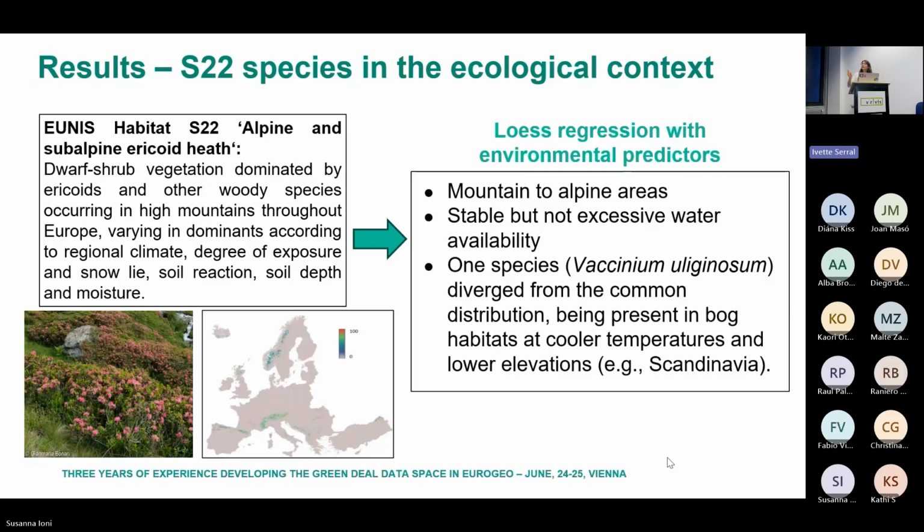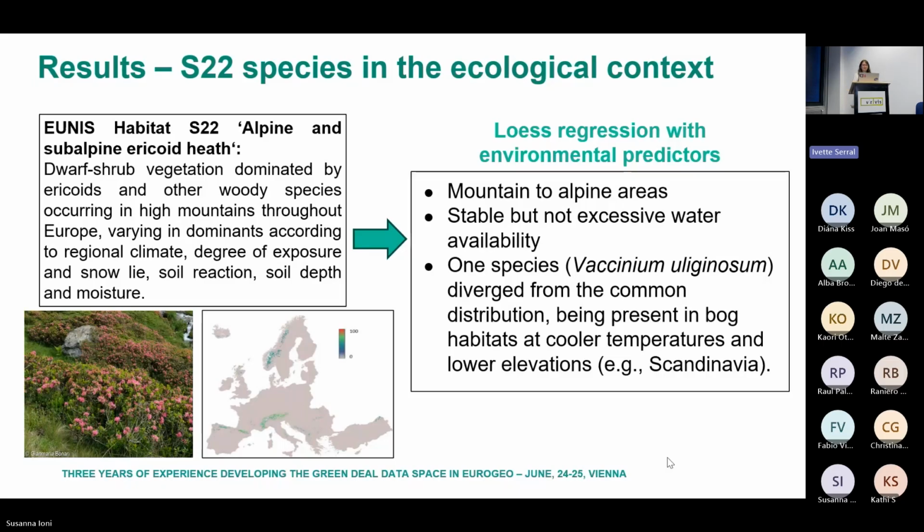And as the EUNIS habitat said, it depends on the dominant species where you find this habitat, because I will show you later.